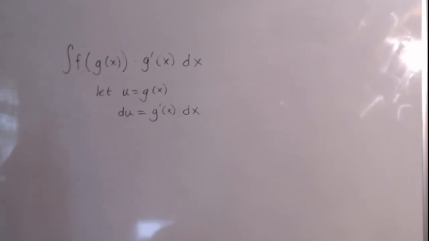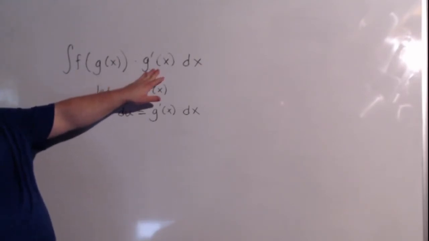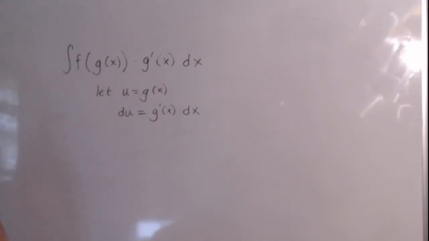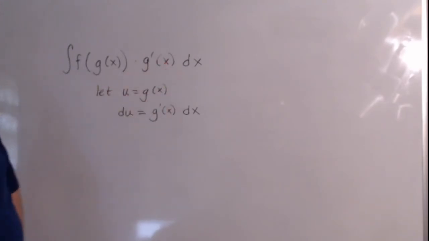Now, there are times when this g prime is nothing more than a constant. If the constant is not already in the integral, you may introduce it. If g prime is some function of x that is not just a constant, so x squared, for instance, you may not introduce that into the integral.